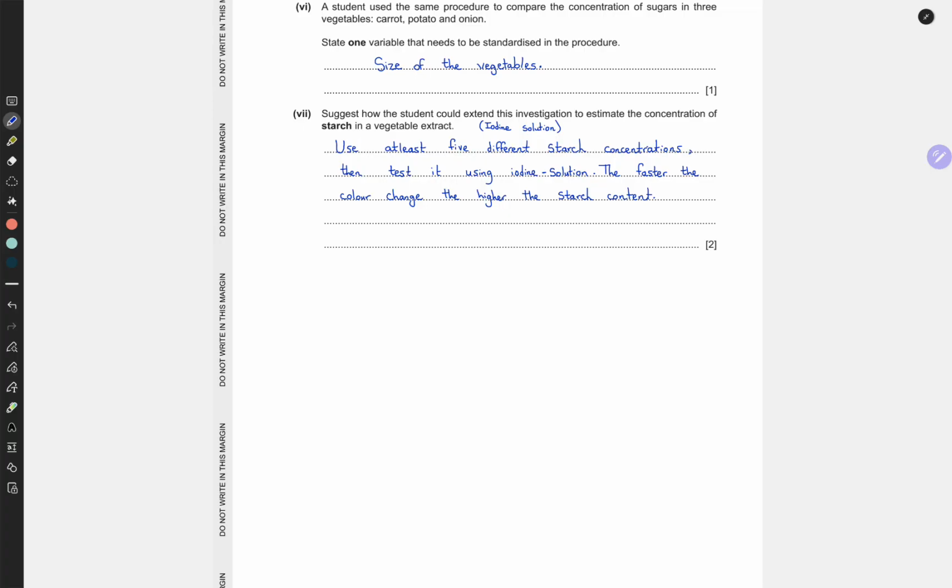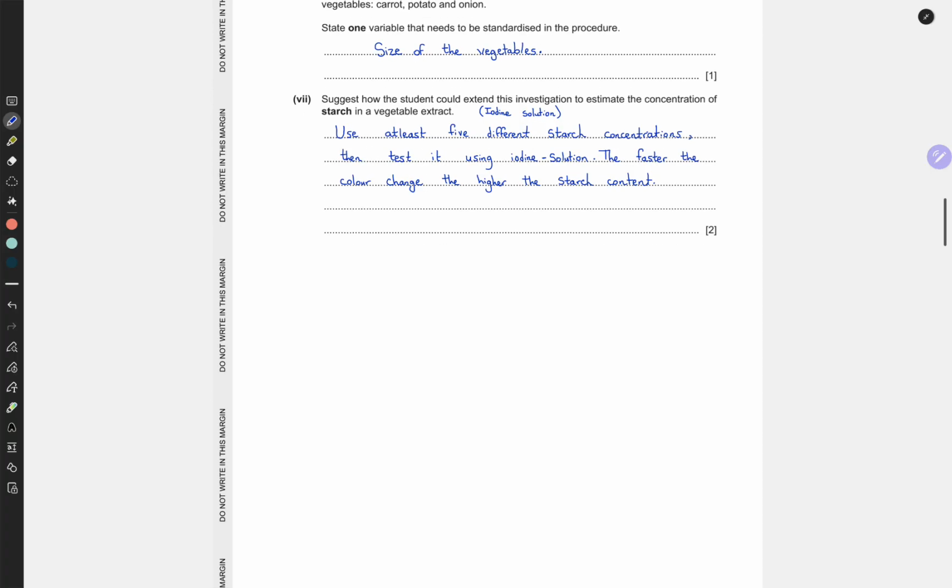For example, if it's a darker black, the iodine becomes a very dark black, then the starch content is high. But if the color changes barely noticeable from brown to just a darker brown, then the starch content is very low.